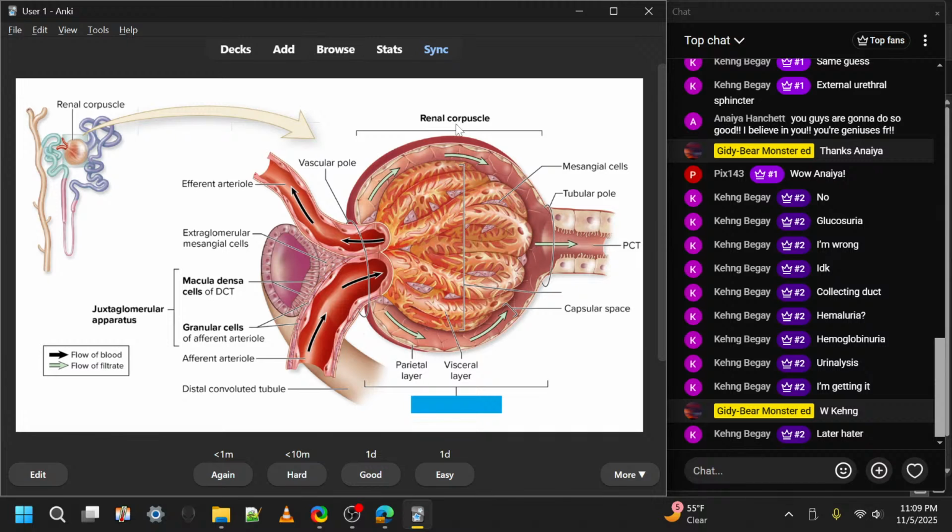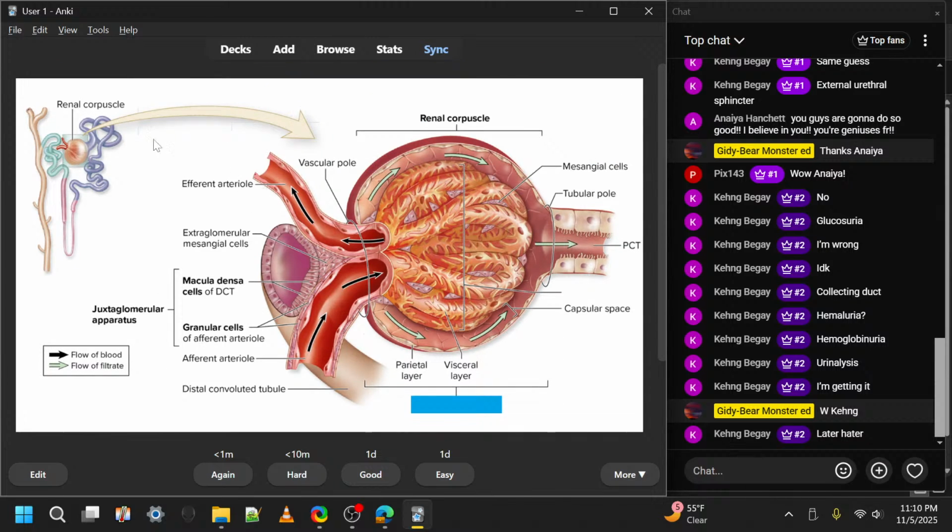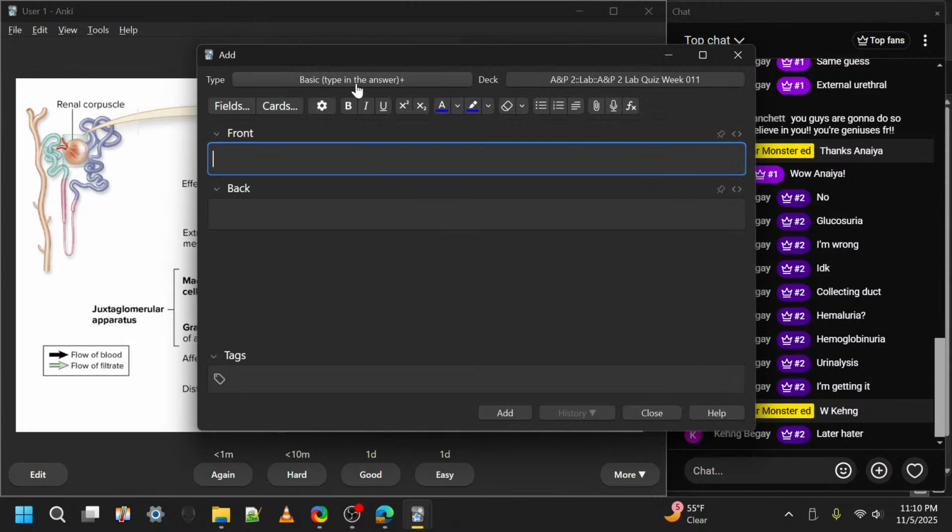So I need to add one. Add one, baby. Okay, so the front is glomerulus plus glomerular capsule equals blank.